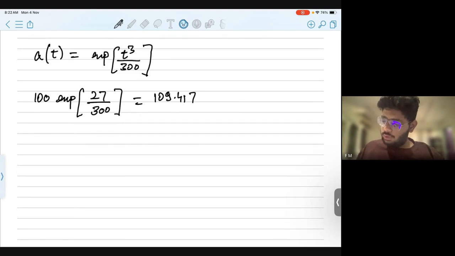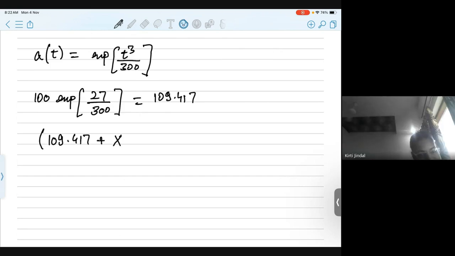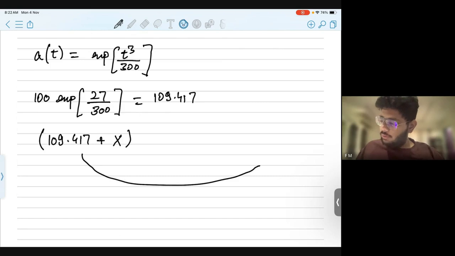Now, the fund value at time 3 is 109.417 plus x. Now, this value gets accumulated to time 6, which is A6 upon A3.